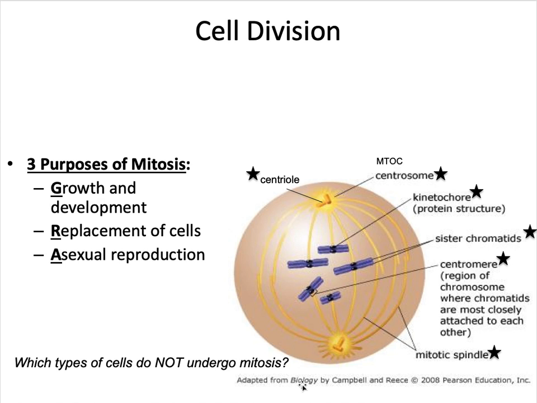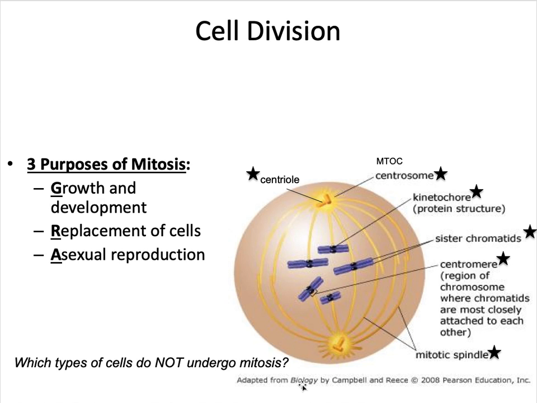Also, when you have a heart attack, those heart cells die, and the ones that are still alive do not undergo mitosis. So those dead cells are replaced by collagen fibers.